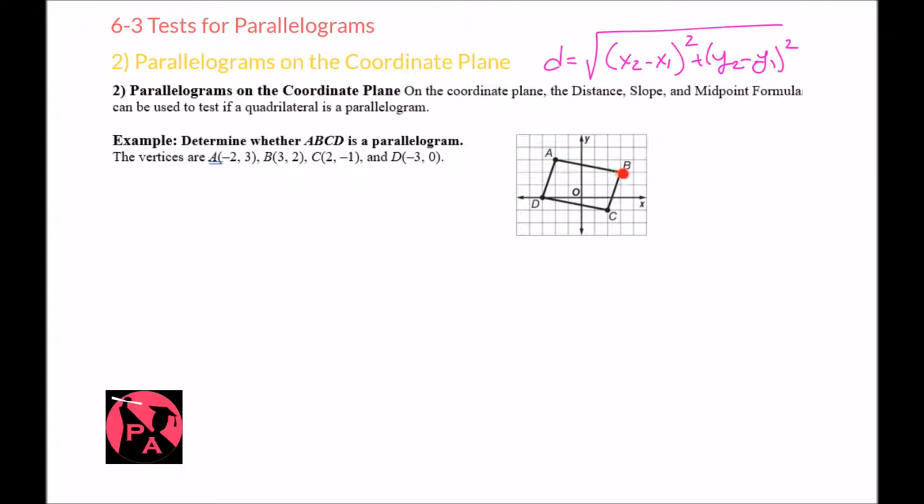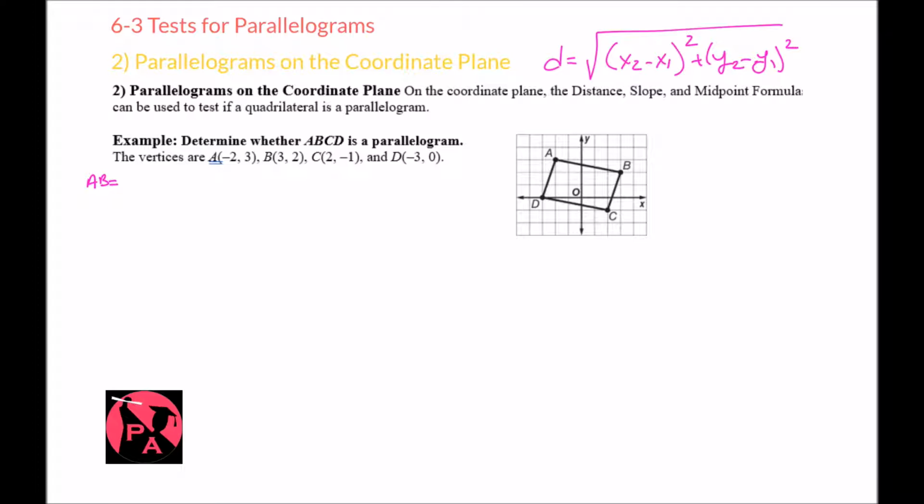Remember the first property of parallelograms, the opposite pairs of sides are congruent. It might be the second property as well, I don't remember exactly. But the opposite sides are going to be congruent, like side AB and side DC. So let's find the measure of side AB.